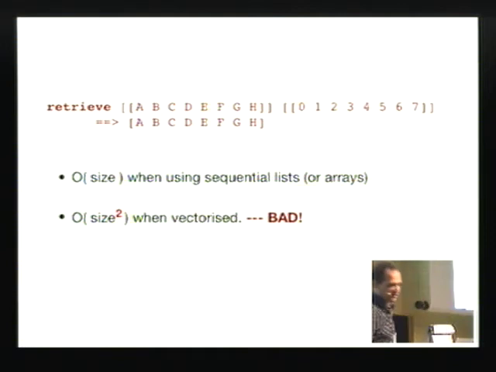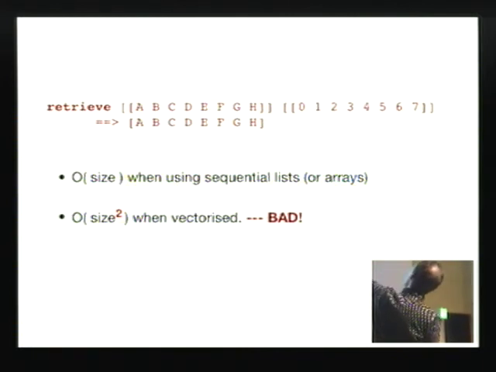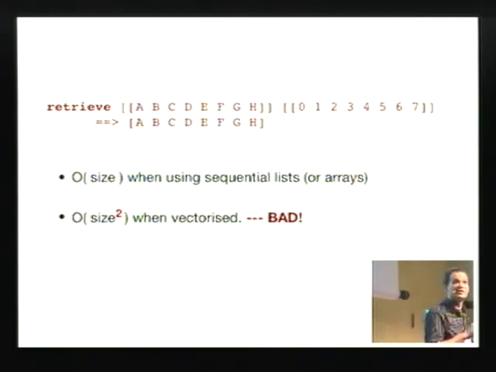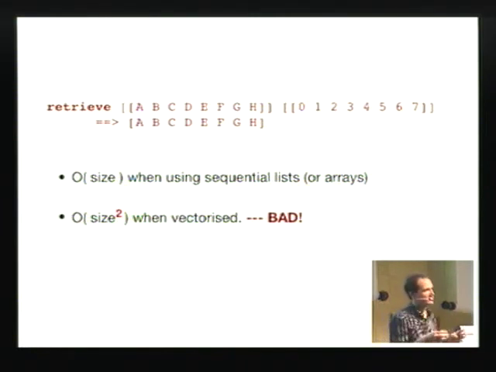So if you imagine a pathological function like this, here's my original function, and I'm going to apply it to 2 example arrays, both of the same length. The trouble is that if you were to evaluate this function retrieve in terms of the source program, assuming that the source program was just using, say, a pointer-based representation of arrays or nested lists, then in terms of the source program, the program would run linearly in the size of both arrays, 8 in this case.